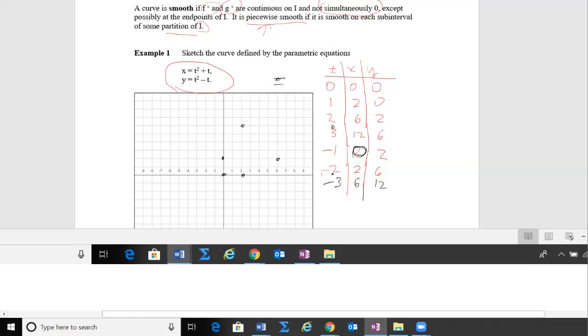Okay, and let's connect those points with a smooth curve. So it looks like if this is going to be a curve, I would have to do it like that.